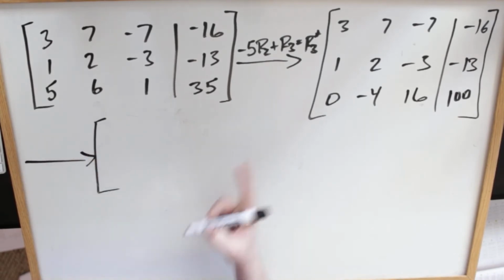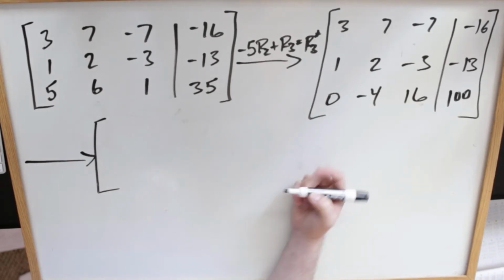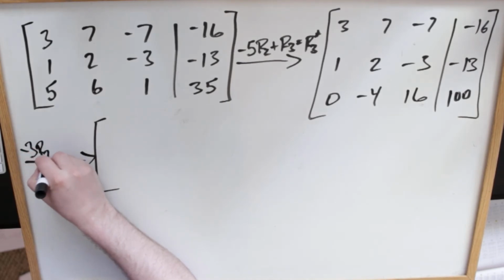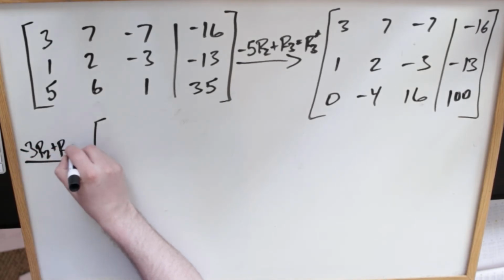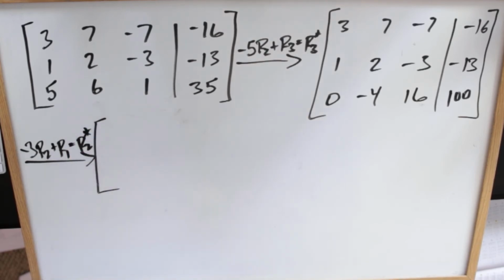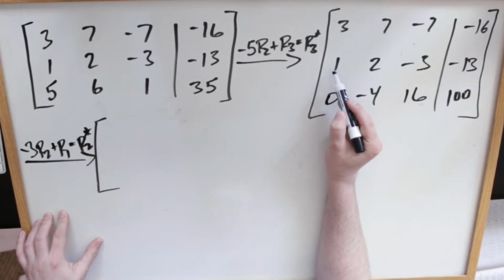Now that we've got our new row 3, we'll take negative 3 row 2 plus row 1, and that's going to equal our new row 2. It doesn't matter what order you do these in, it's totally fine. So minus 3 times that is going to be a minus 3.